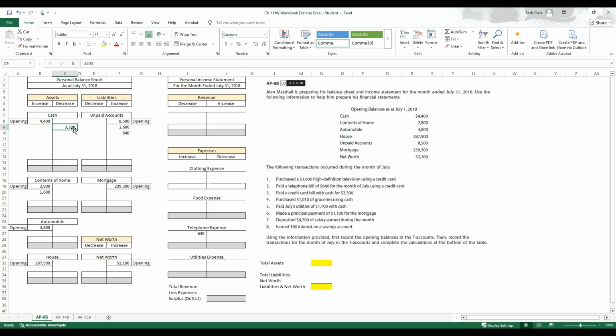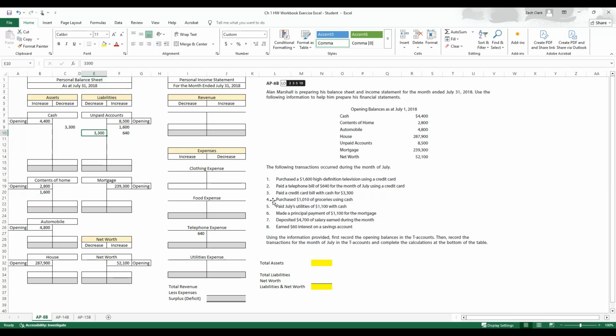Now we're going to use $3,300 to pay our credit card bill. So unpaid accounts will now decrease by $3,300 where it increased by $3,300 before. And that will bring down our balance of our bill to our credit card company that we owe at the end of the month once we total all the numbers up.